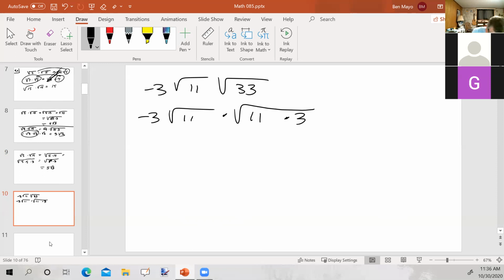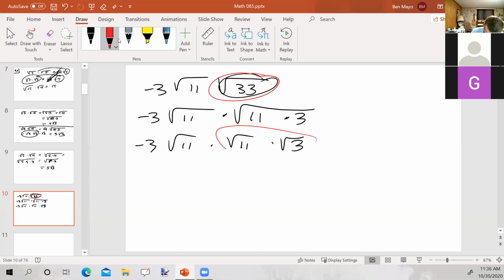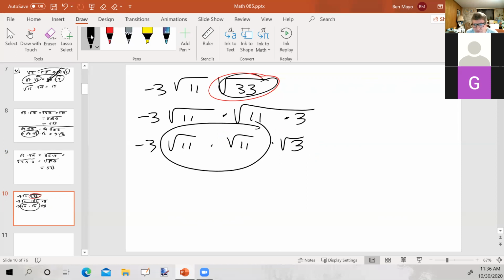In fact, and eventually I'll start skipping some steps, I could have gone straight there from here. You see how I did that? Yes. But what I really want to focus on is what's that? Careful. 11. Good.